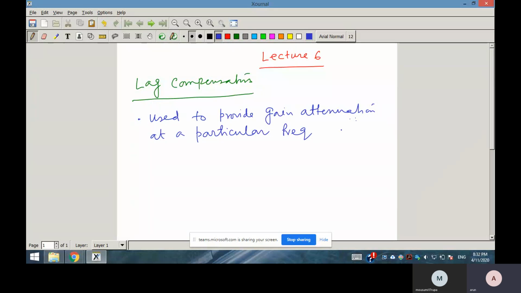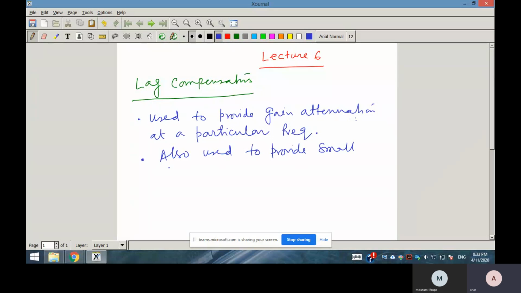So at that time you also have to provide some small amount of phase lag, but this is not the objective. The main objective of a lag compensator is to provide gain attenuation.